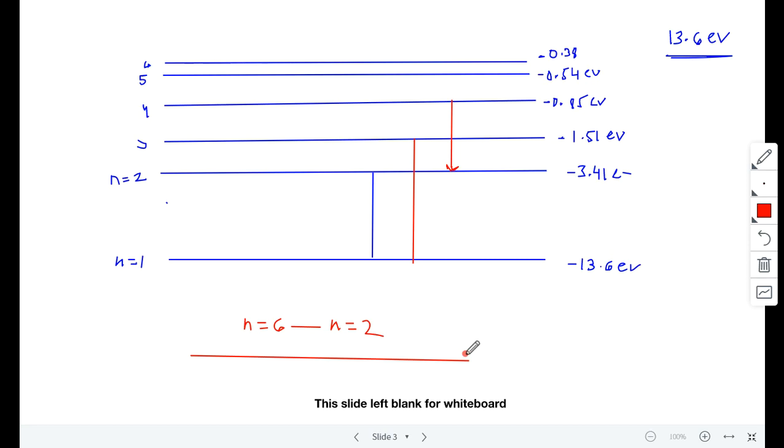So 6 is 0.38, and 2 is 3.4, divided by 6.66.